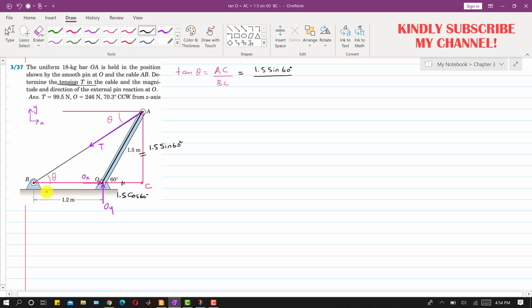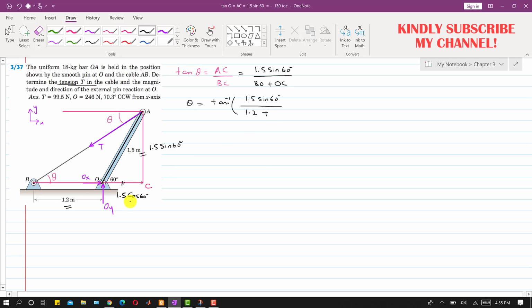So this is 1.5 sine of 60 degrees divided by BC. BC is equal to BO plus this OC. So from this equation we can say that theta is equal to tan inverse of 1.5 sine of 60 degrees divided by BO, which is 1.2 meters, so you will write 1.2 plus OC.